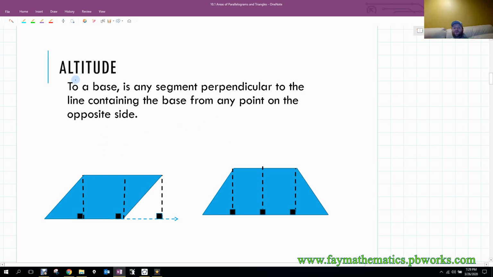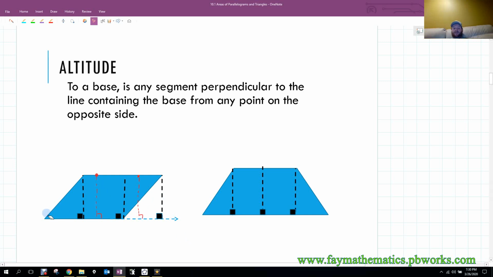Okay, so it says to a base, an altitude is any segment perpendicular to the line containing the base from any point on the opposite side. So if I want to start here, if I go perpendicular to the opposite side, there's an altitude. If I want to start there, perpendicular to the line containing the opposite side, there's an altitude.